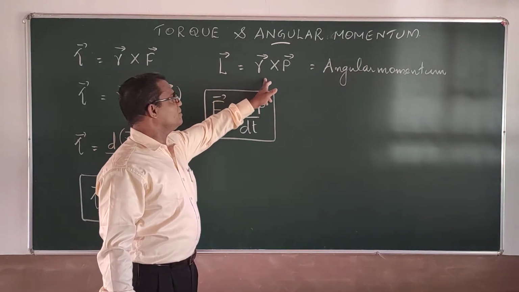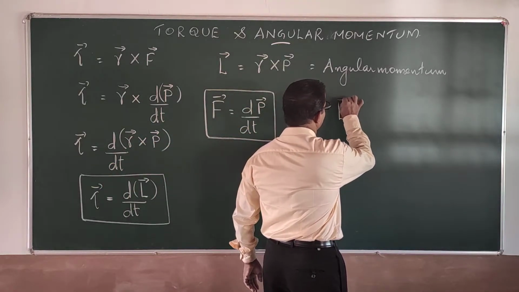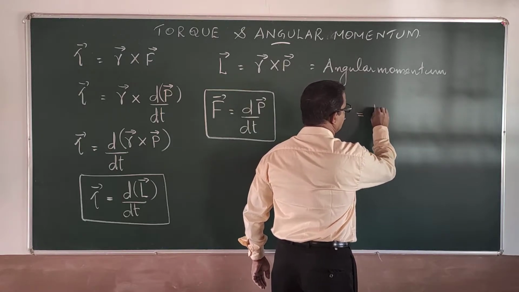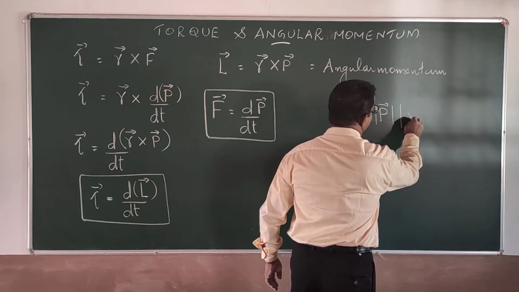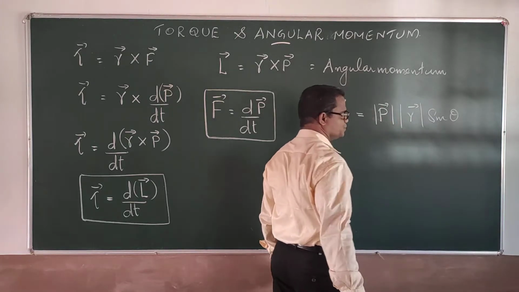So angular momentum L equal to R cross P, and therefore this angular momentum L can also be written as R times momentum times sine of the angle between the two.